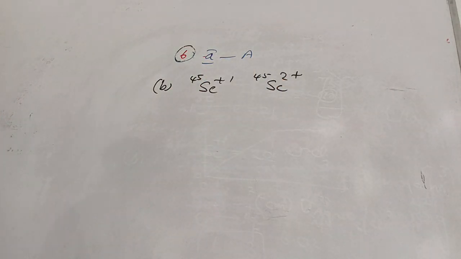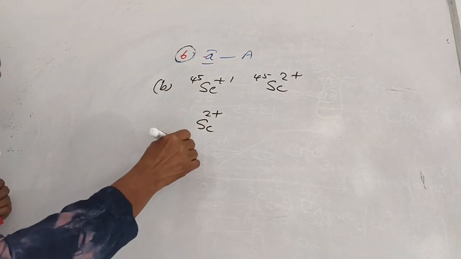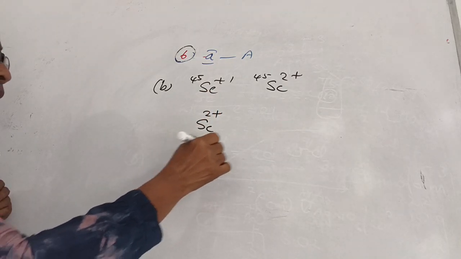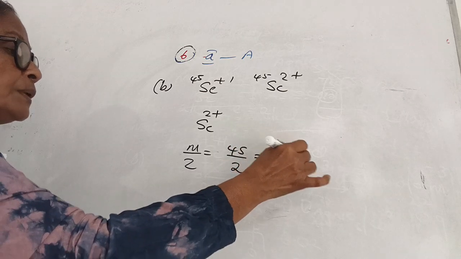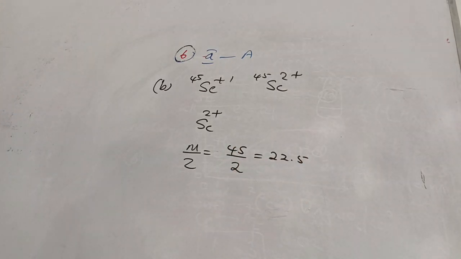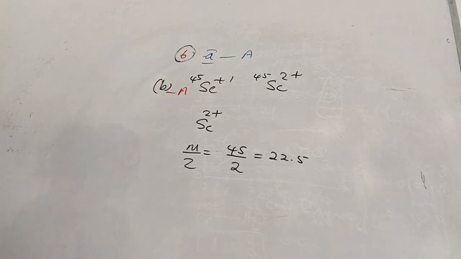Your question is what's the value of the mass over charge ratio in the mass spectrum for scandium with 2 positive charges? Mass over charge should be 45 divided by the charge, so the answer should be 22.5. The best answer is A.